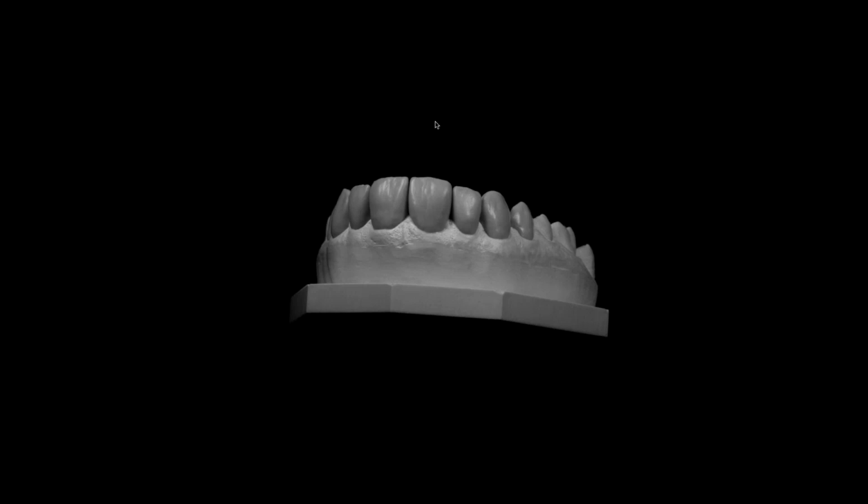Try to make them 3D. It's very difficult to explain through a webinar. It's much easier when I show with my hands and on the model what I'm actually doing.